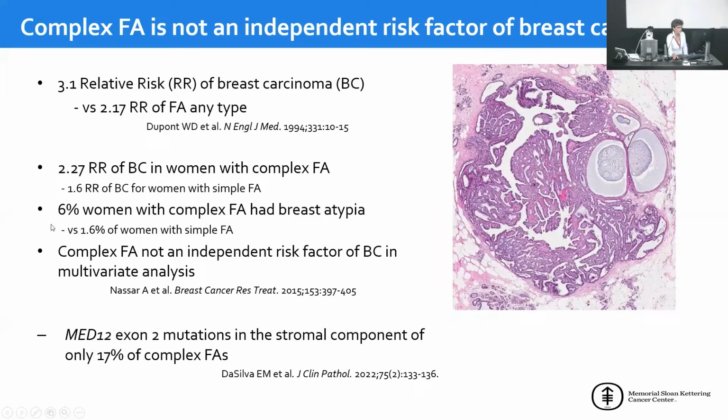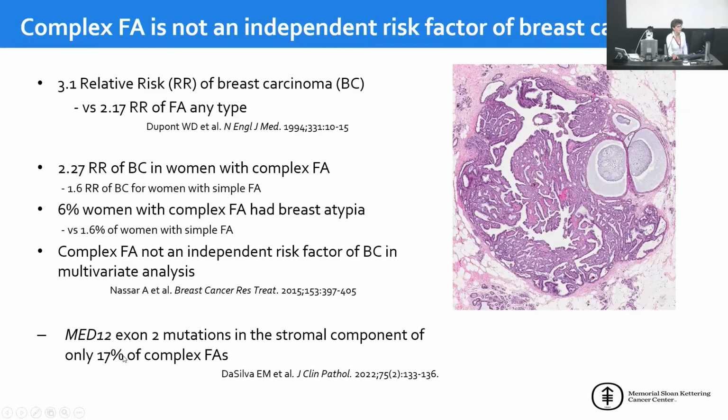And this is a study from Mayo where 6% of women with a complex fibroadenoma had epithelial atypia somewhere in the breast, and not necessarily in the fibroadenoma, compared to only 1.6% of women with a simple fibroadenoma. And in their study, they also looked at the subsequent risk of breast carcinoma. They found that complex fibroadenoma is not an independent risk for breast cancer in multivariate analysis. Bottom line, from the point of view of our surgeons, we no longer excise complex fibroadenoma.